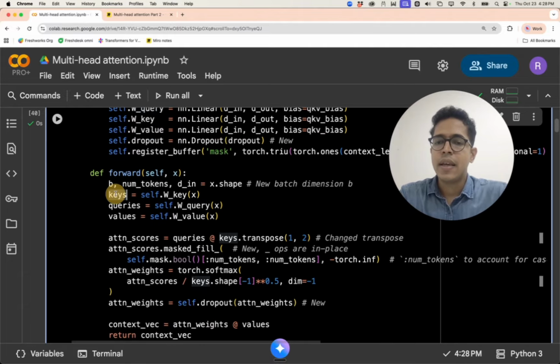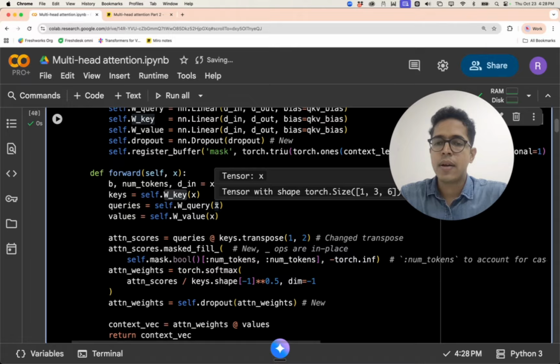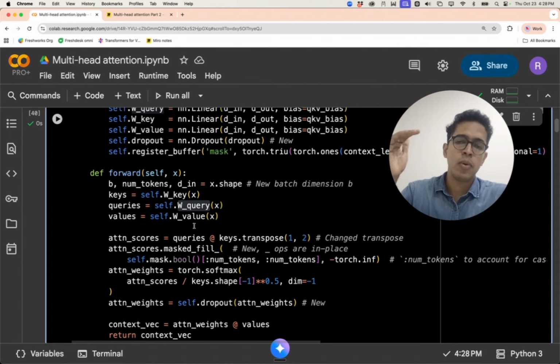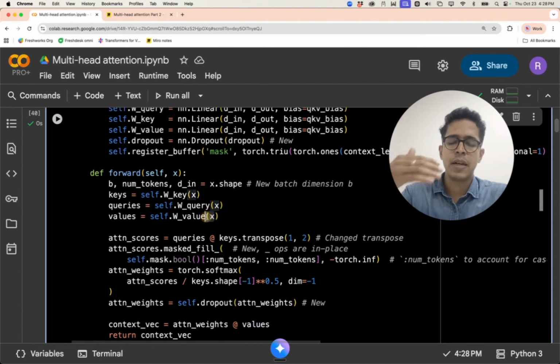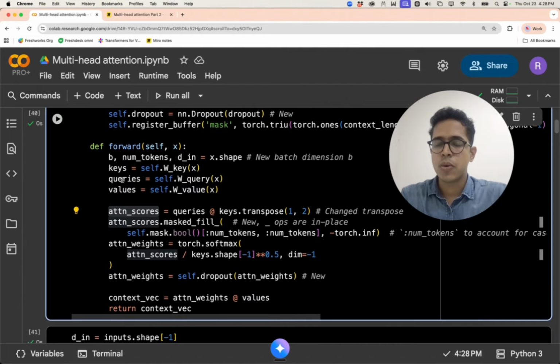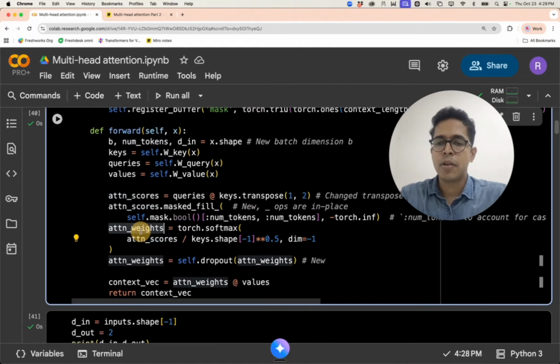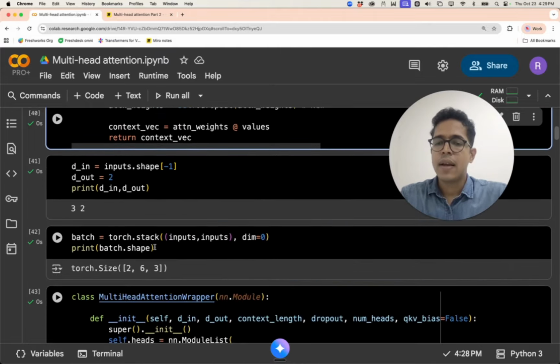And then we said key equal to input multiplied by W key, query equal to input multiplied by W query, values equal to input X multiplied by W value. Attention scores was the dot product between query and key. Attention score after masking will be negative infinity in the upper triangle. Attention weights will be attention scores divided by square root of D, and then you take softmax. So this we have already covered in the last lecture. And the resultant thing was something that looked like this.